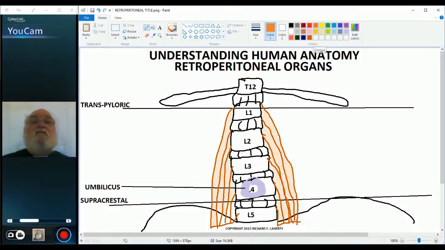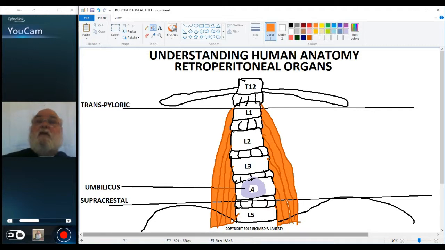And let me color this in. This is actually a muscle of the lower extremity. It's a potent hip flexor. So it originates on the bodies of the lumbar vertebrae, but it goes down to insert onto the femur and flexes the hip joint. So this is psoas major.